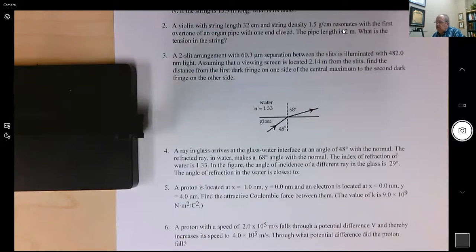Okay, so the thing that we're missing here is the angle of refraction in the glass. Okay, and we know that due to Snell's law, the index of refraction is related to the sine of the angle of the incident radiation and the exiting radiation.